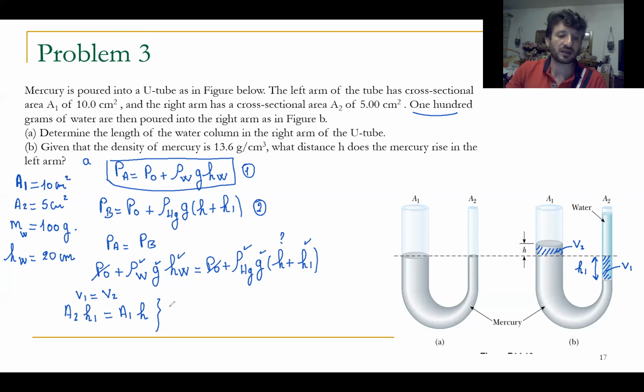So here we can write H1 equals A1 divided by A2 times H. So we come to equation 3.